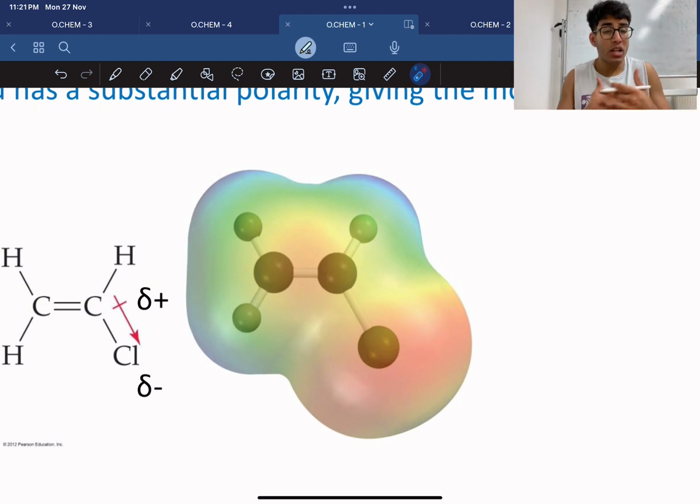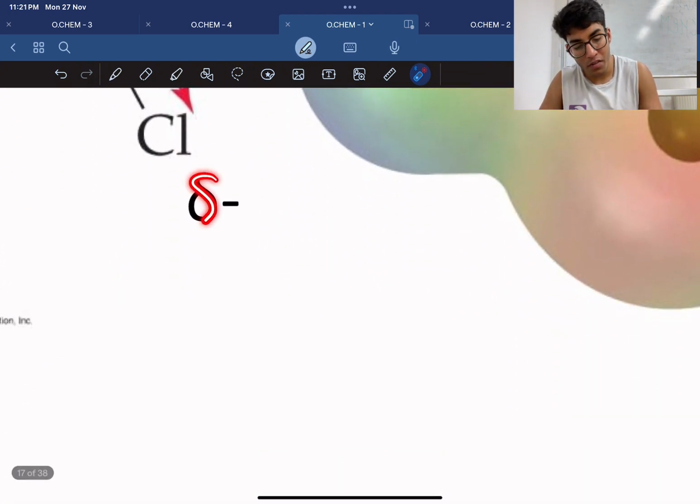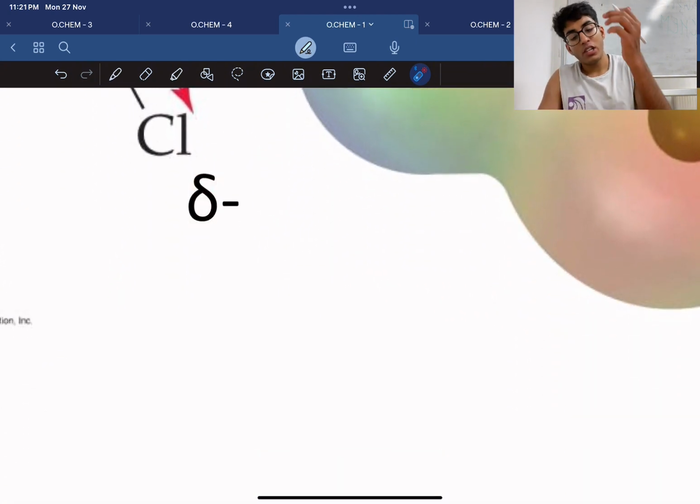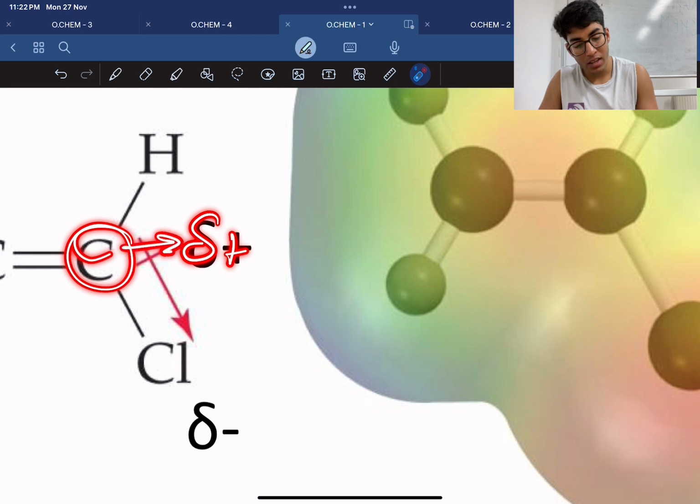Because it has electrons around it all the time, it portrays a negative charge. But you can't say that's a hard negative or a hard positive charge. It's just a slight thing that happens. So that's why we use this symbol over here, which represents partial. So we can say it's partially positive, referring to the C, and partially negative, referring to the Cl.